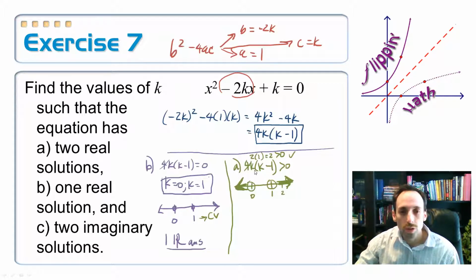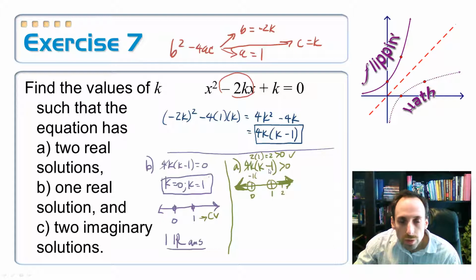And this means something over here is also included. If you don't believe me, just go ahead and test, say, negative 1. If I plug that in here, I'm going to get negative 1 times negative 1 minus 1, which is negative 2, and negative 2 times negative 1 gives me positive 2. Again, it's greater than 0.